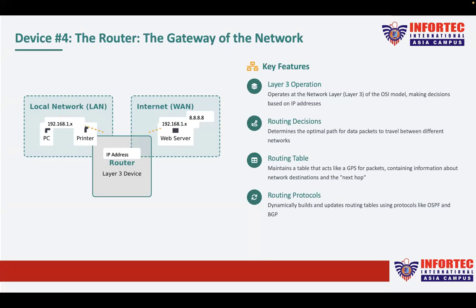We have layer 3 operation, routing decisions, routing table, and routing protocols. So when it comes to layer 3 operation, it operates at the network layer of the OSI model.